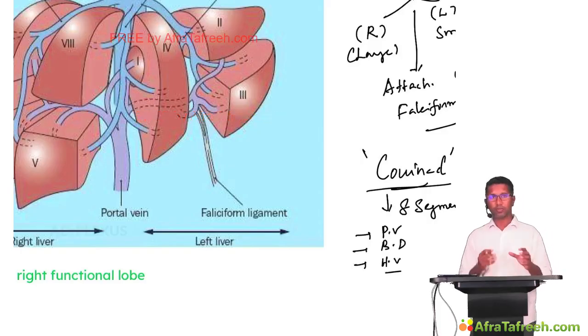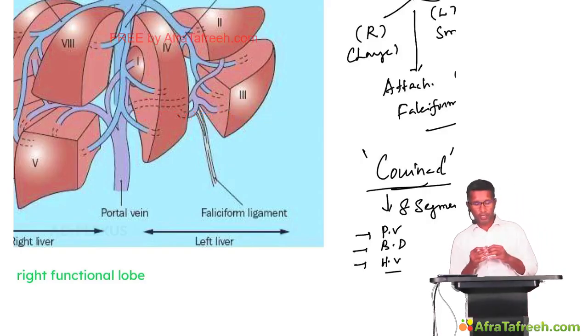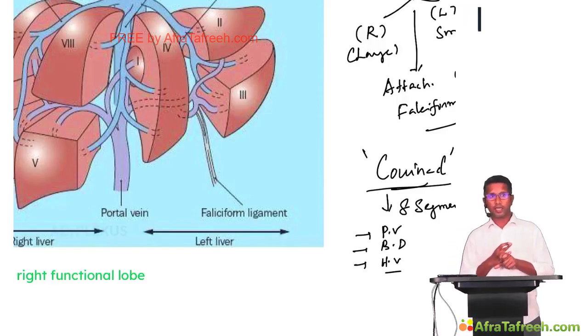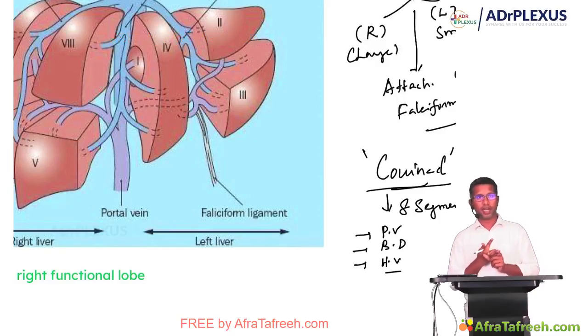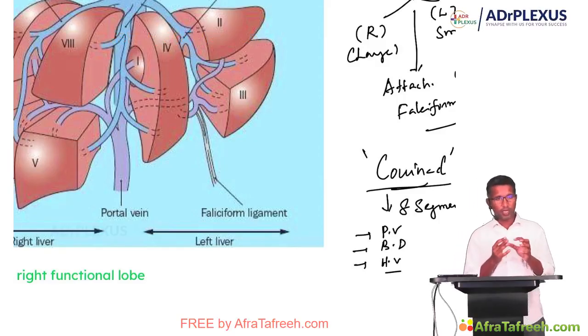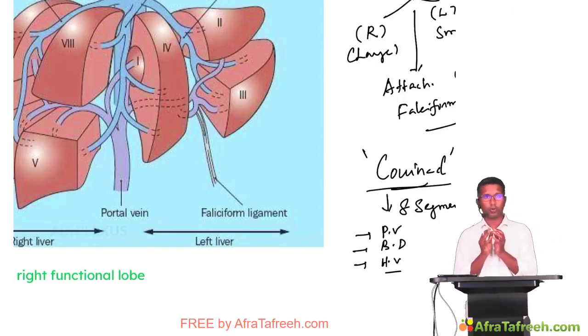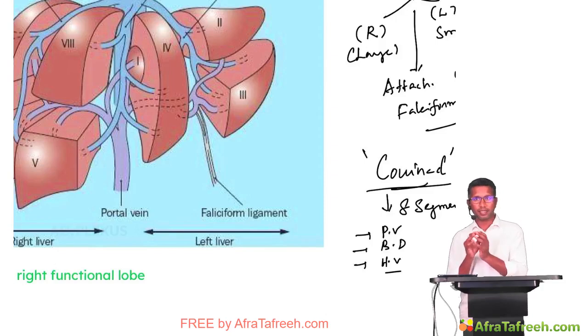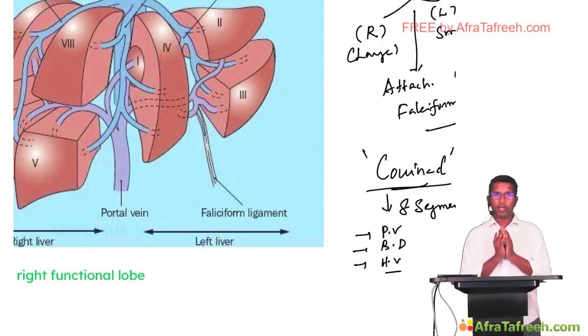If a segment has a portal vein radical, a bile ductule radical, and a hepatic vein radical, that segment can act as a separate lobe and can be easily resected. This is the idea behind Couinaud.